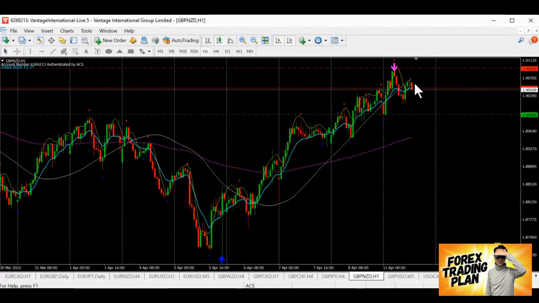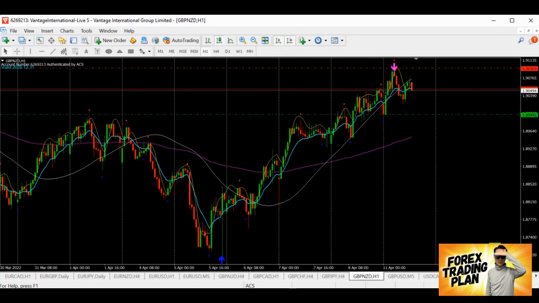So Pound Kiwi, probably the next move will need to test the resistance before it can start selling. So we can pay attention to that. It may probably happen in the next few hours. But in terms of the characteristics of Pound Kiwi, remember the pound is going to close at the first half of the US market.